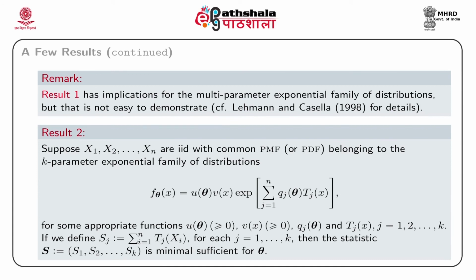Now if we define the statistic S_j, which is summation over i from 1 to n of t_j(Xi), j from 1 to k, then it can be shown that the statistic S, which is a vector valued statistic consisting of S1, S2 up to Sk, is jointly minimal sufficient for the parameter theta, which is also vector valued with k components.